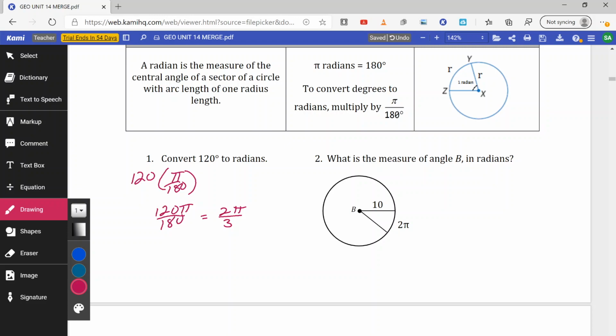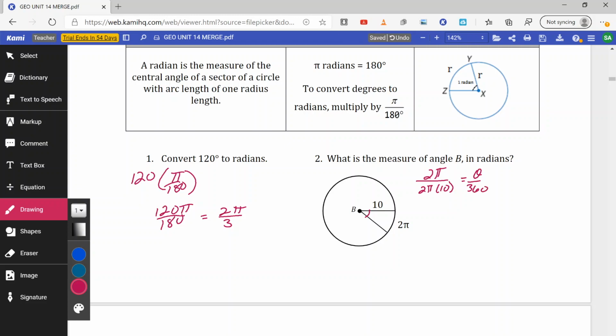Now, angle B here, what is the measure of the angle in radians? Well, we're told that we have a section here, 2 pi, radius of 10, so we can use our previously learned proportion in order to figure it out. So we are told our length of arc is 2 pi over 2 pi times 10 is equal to our central angle over 360.